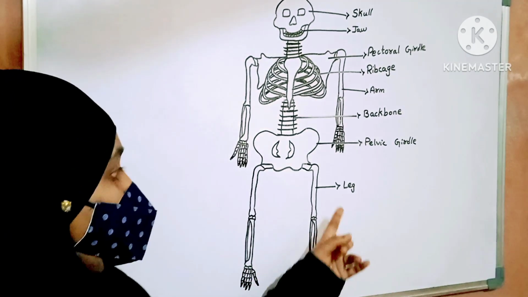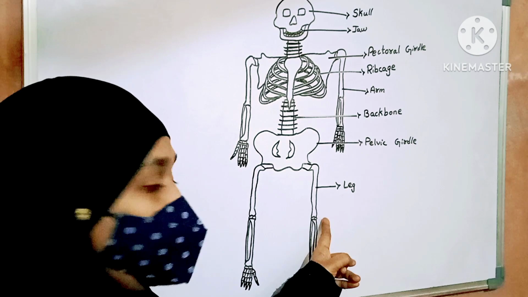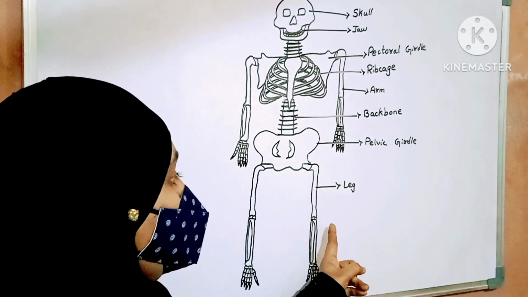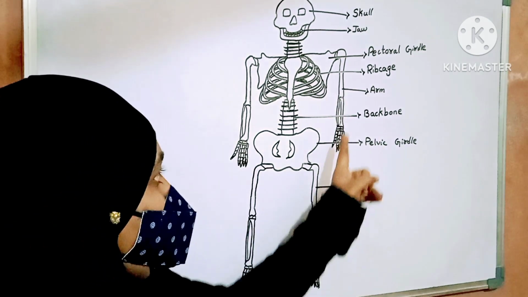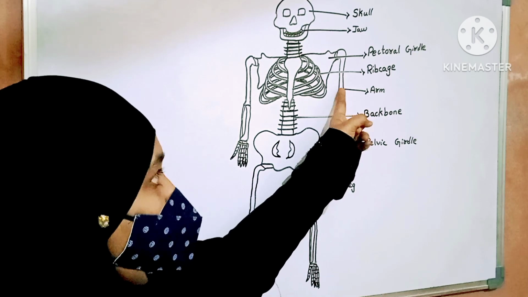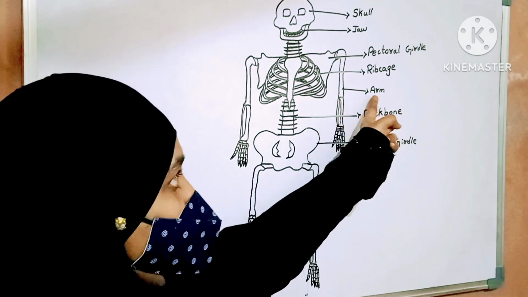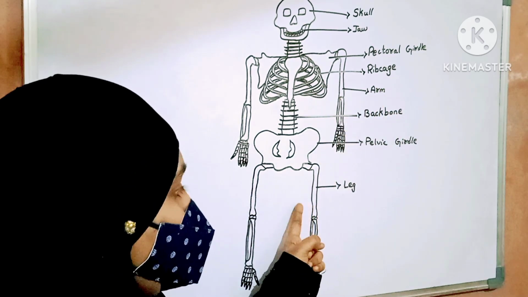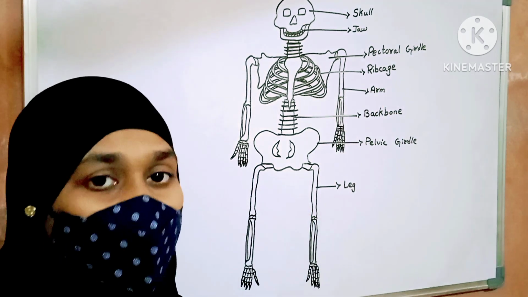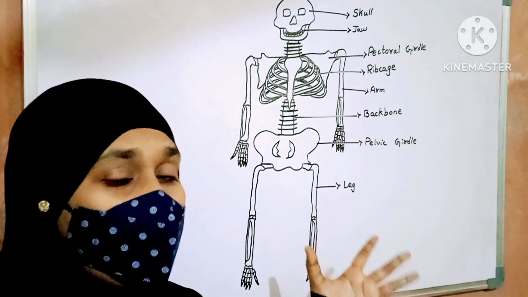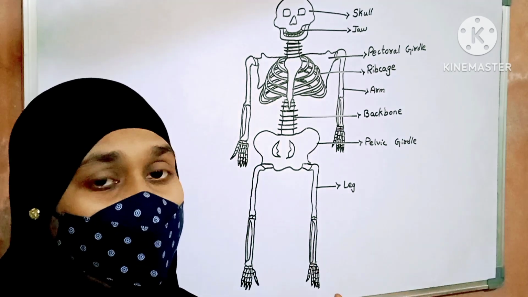Next, let us see the bones in the limbs. There are 2 pairs of limbs, the forelimbs and the hind limbs. The forelimbs are called the arms and the hind limbs are called the legs. What is the use of these forelimbs and hind limbs?